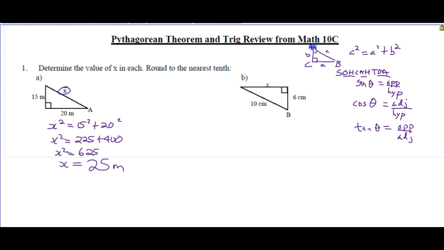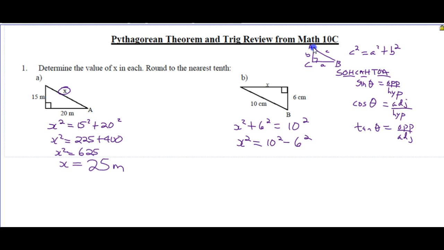Okay, so in this case, we could see the hypotenuse is the 10, right? So we're going to set this up as x squared plus 6 squared is equal to 10 squared. Okay, so in this case, I'm putting my unknown on the left-hand side, which I did here, right? Writing x squared equals, I'm putting my unknown on the left-hand side, which means that x squared is equal to 10 squared minus 6 squared, okay?